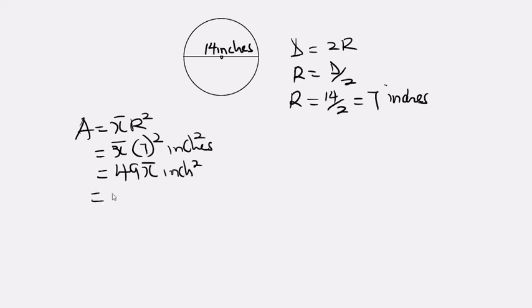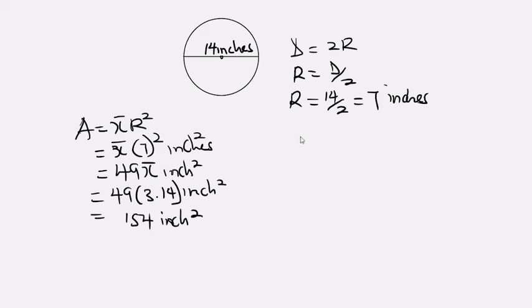So the value of pi is 3.14. Therefore, we substitute that there, and we are going to have 49 times 3.14 square inches. And that gives us 154 square inches.